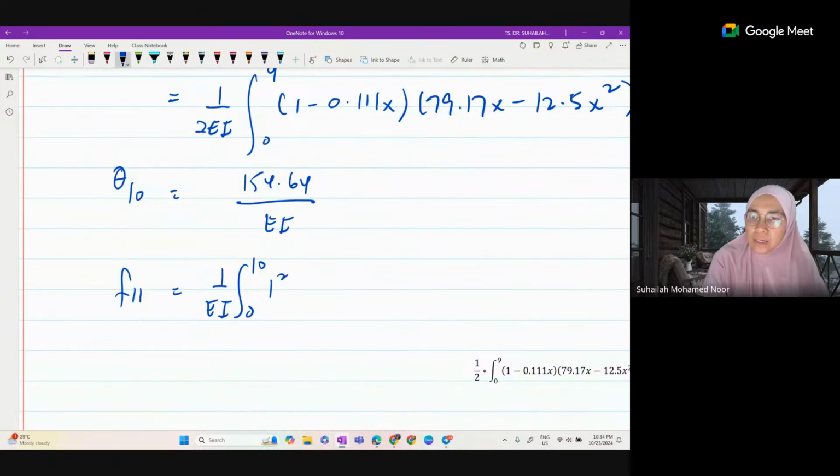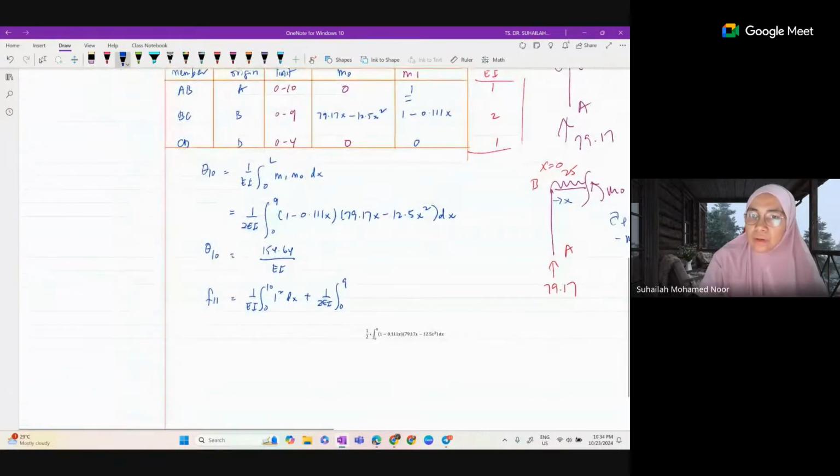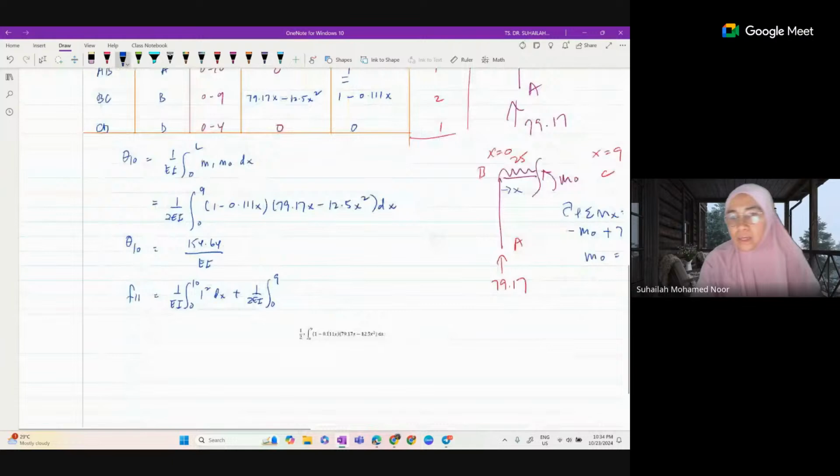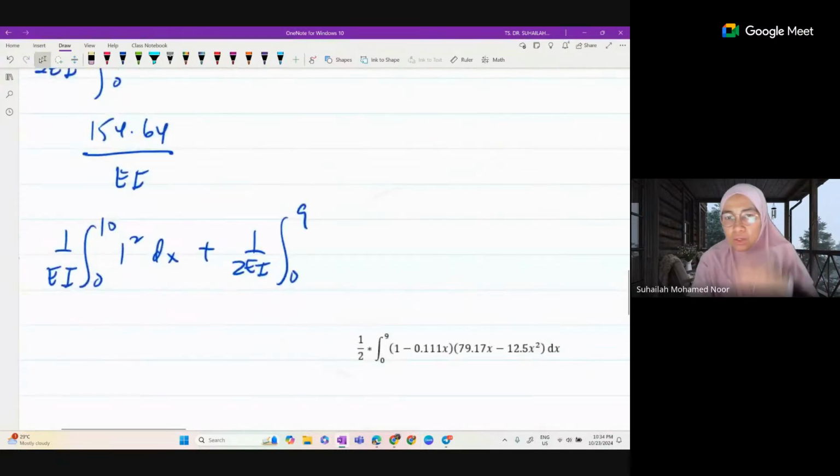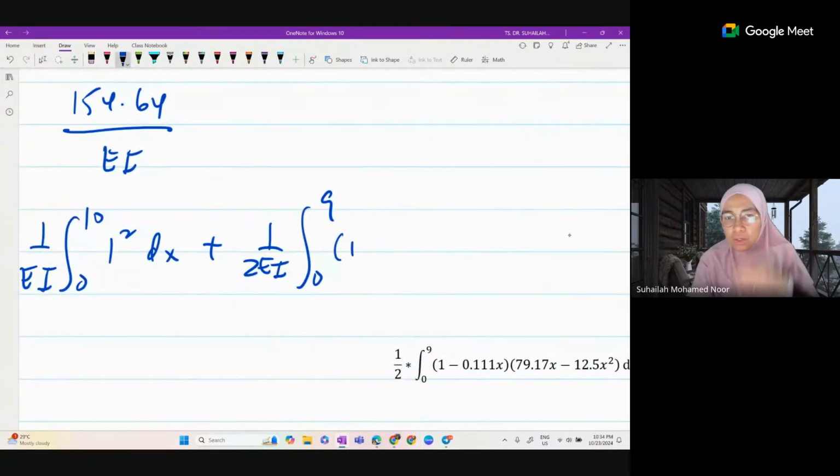It is 1 square dx plus 1 over 2 EI integral from 0 to 9 of 1 minus 0.111x, 1 minus 0.111x square dx.